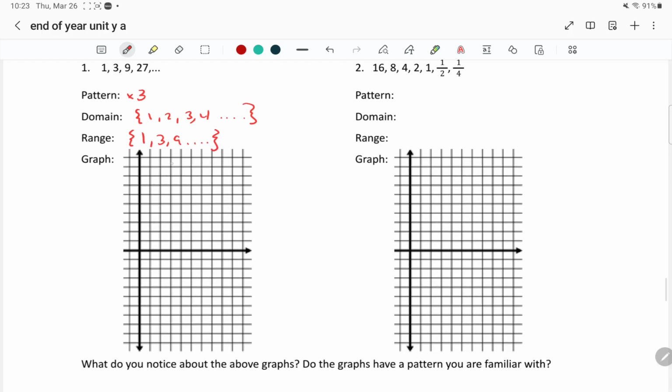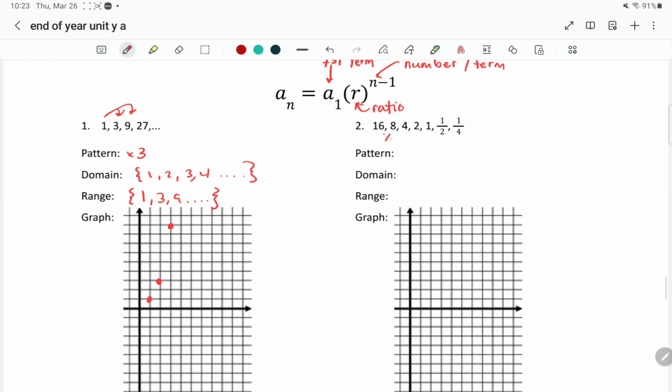So if I want to graph this, then I would go, okay, domain is 1, range 1, 2, 3, 3, 9. And so what's happening is if I were to draw a line, this would be my upwards exponential curve.